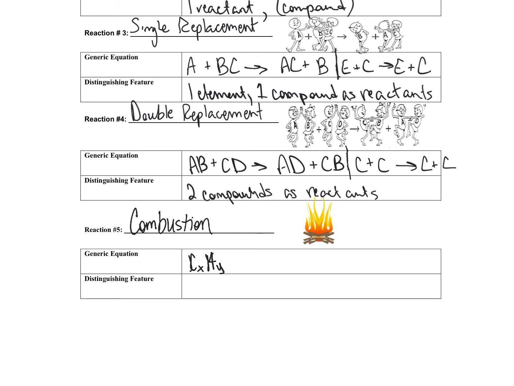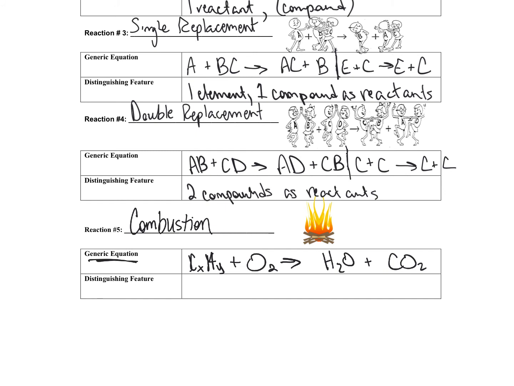You can have multiple C's, multiple H's, but the number of them doesn't really matter. It's always going to be some combination of C's and H's, plus oxygen, which will always be O2, and it will always make the same two products. It will always make H2O and carbon dioxide.